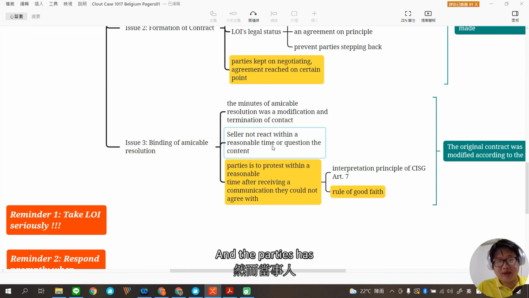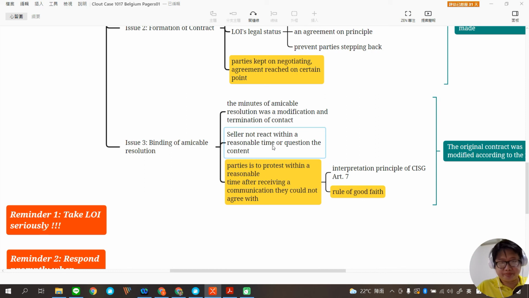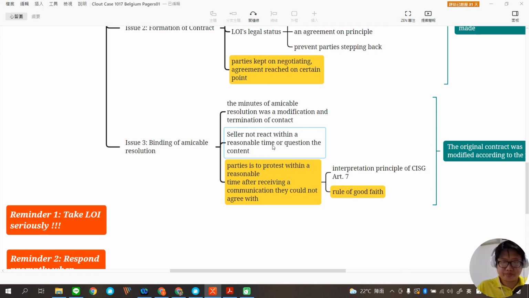And that is an international legal principle: if you don't feel good about something you receive, you have to protest within a reasonable time.